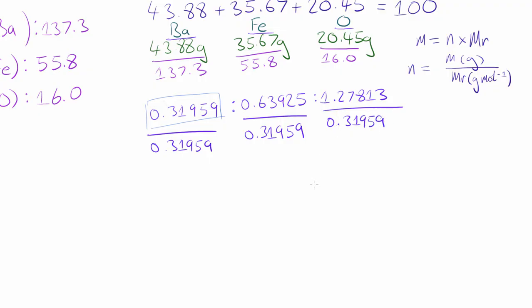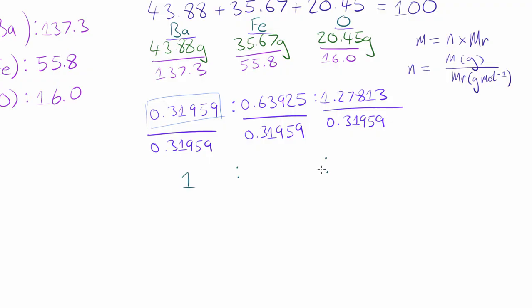Right, and if you run those calculations, in this case you don't need a calculator to work that out. That's just going to give you 1, right? Because you're dividing this by itself.